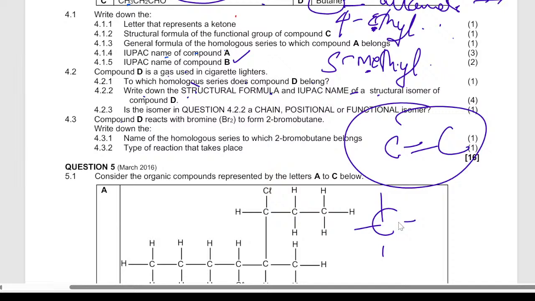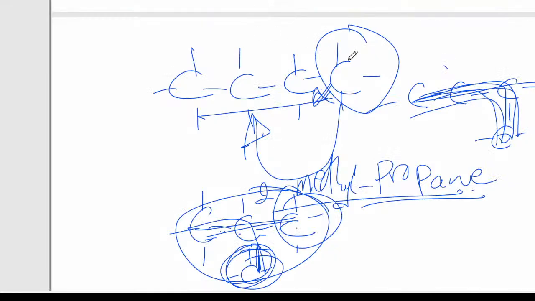So alkenes work with unsaturated compounds so that they convert those compounds into saturated compounds. So it must have a double bond or a triple bond.